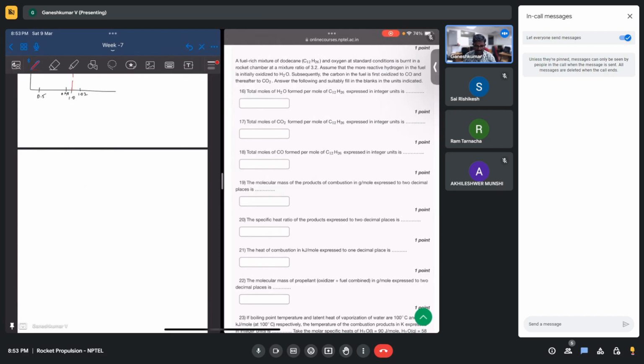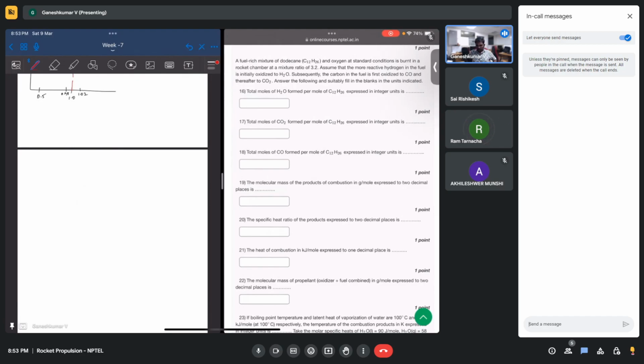So 34 minus 13 is 21 oxygen atoms still left. First we form the 12 CO; if 12 is gone, we are still left with 9 oxygen atoms. Then the remaining oxygen atoms can be used to oxidize CO to CO2.